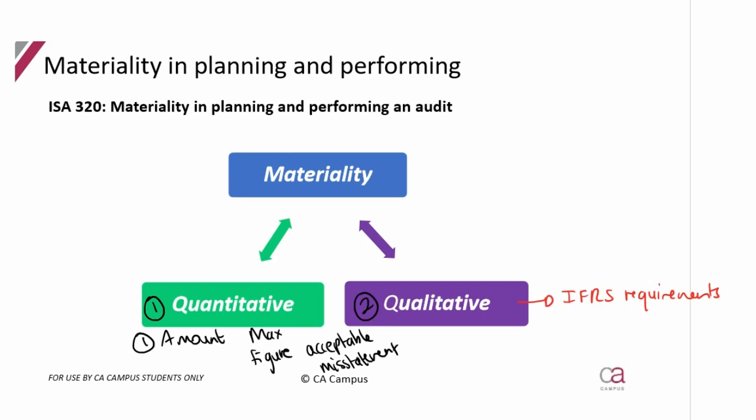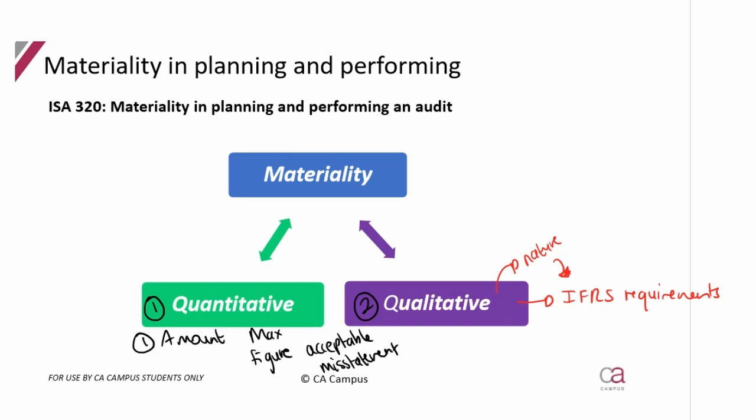Okay, so when it comes to looking at the amount, quantitative materiality is going to determine if it's material or not. But when it comes to the classification, presentation, disclosure, if it's not done in accordance with the IFRS requirements, it would be qualitatively materially misstated. So guys, qualitative, it's dealing with the actual nature of this transaction and the difference between how it's been recorded and how it should be recorded based on the nature of it and how it should be classified, presented, or disclosed.